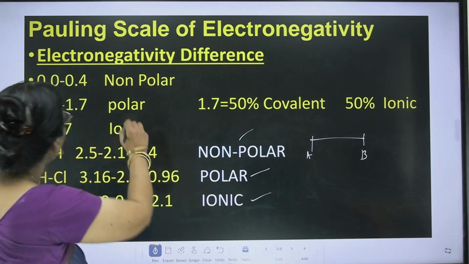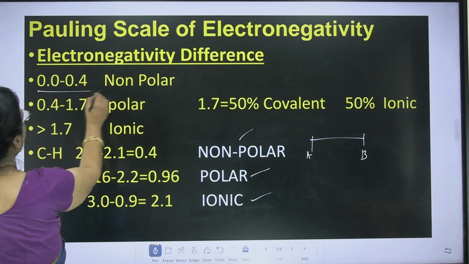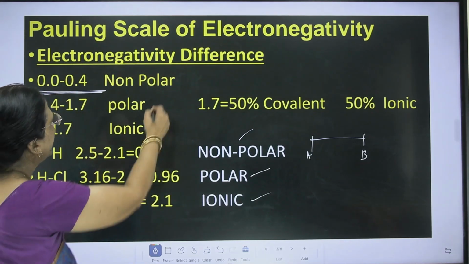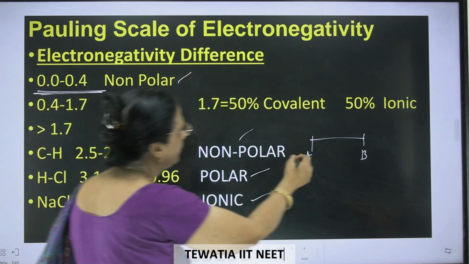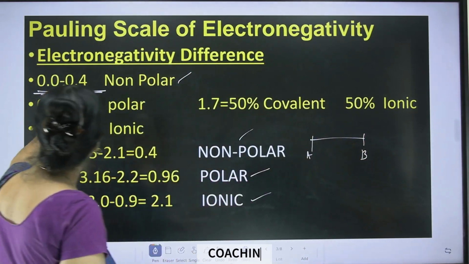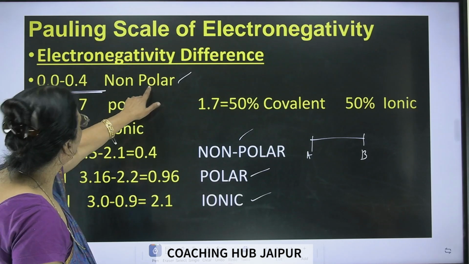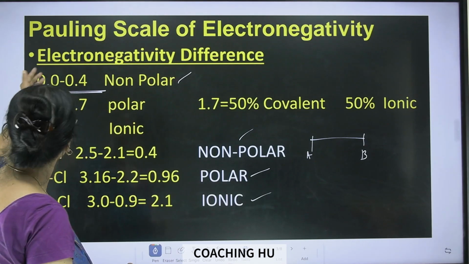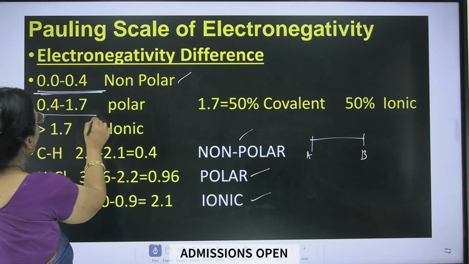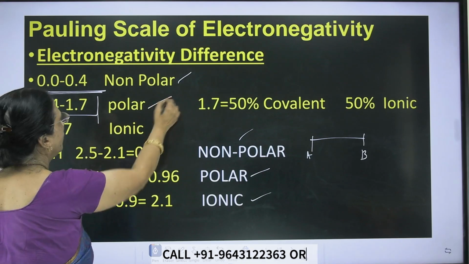That means if your electronegativity difference is between 0 to 0.4, then it is non-polar, okay. If the electronegativity difference is less than 0.4, this is your non-polar. If it is 0.4 to 1.7, it is polar, okay.